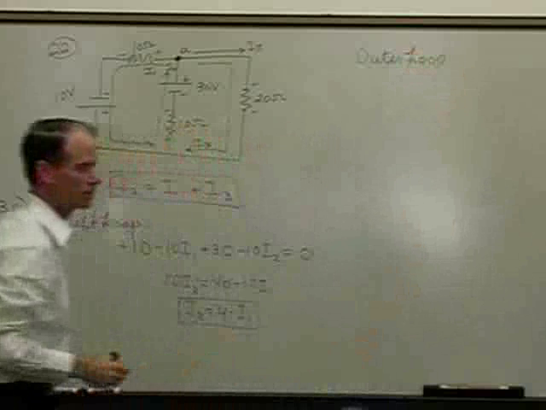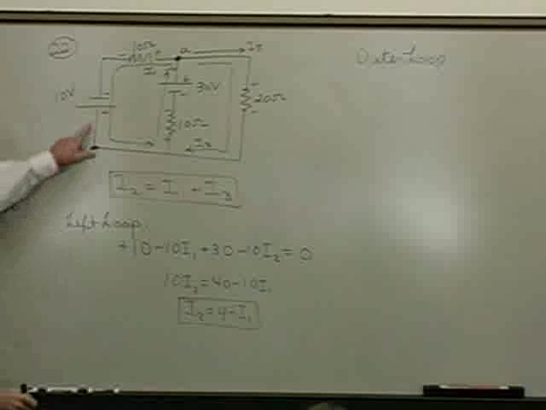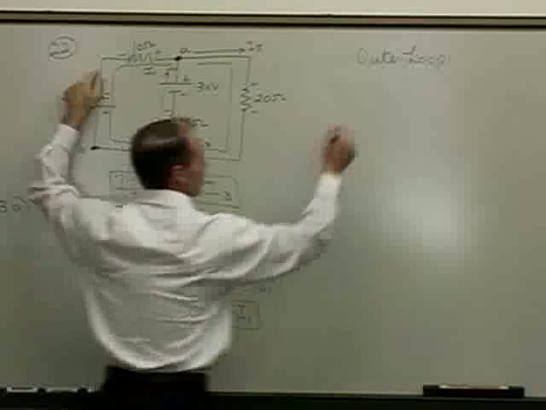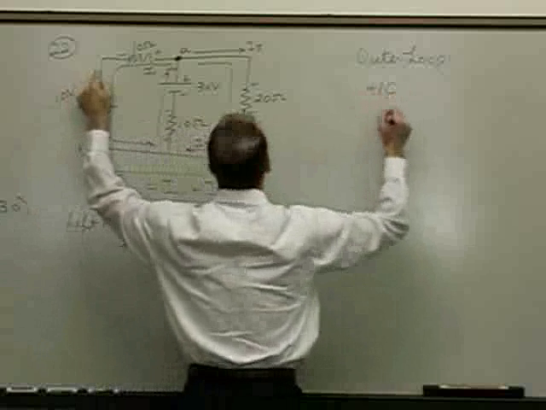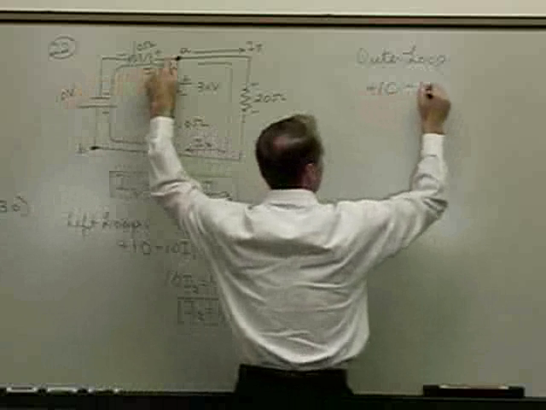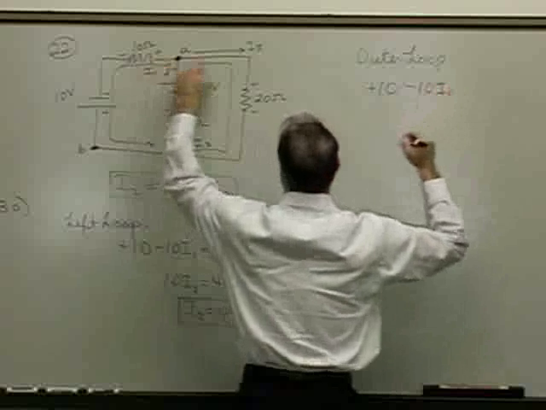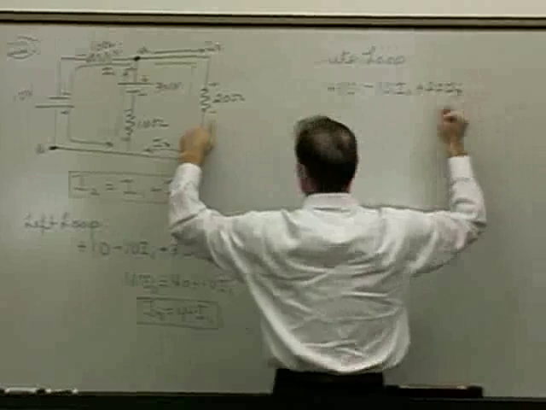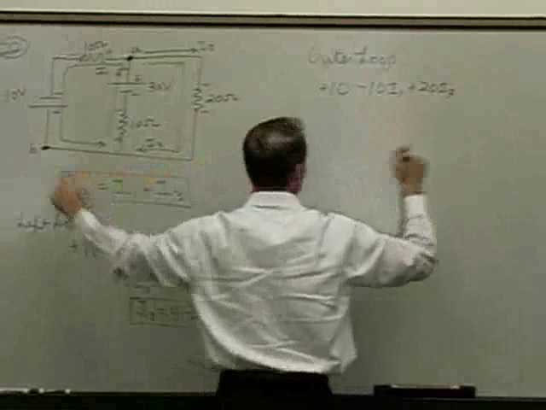Look at the outer loop. Start at the same spot. Just walk my way all the way around this way. So I'll have plus 10 minus 10 I1 plus 20 I3 equals 0.